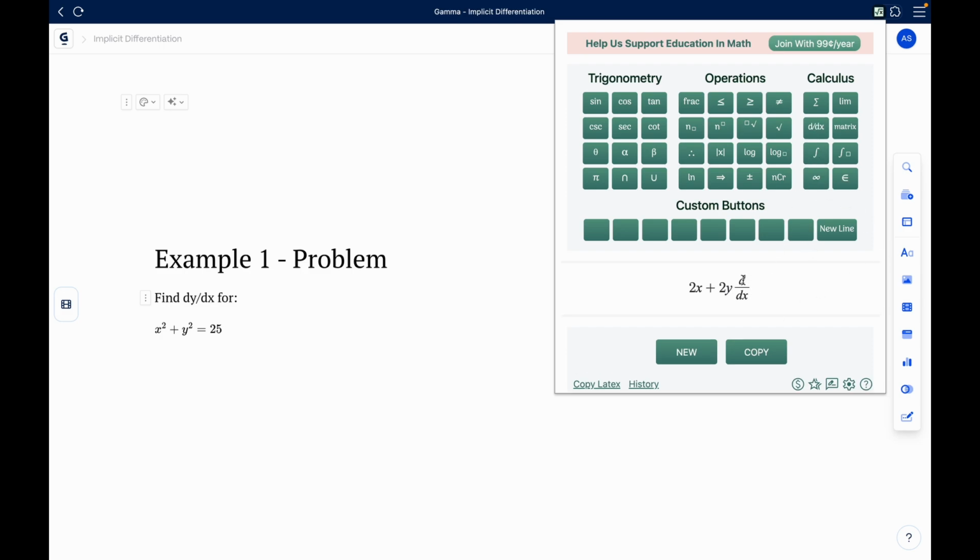Then we would have dy by dx, because that's what we do when we differentiate the inner function using the chain rule. Now, the derivative of 25, since it's a constant, is equal to 0. Then, the next step is we have to factor out 2 to make this slightly simpler.